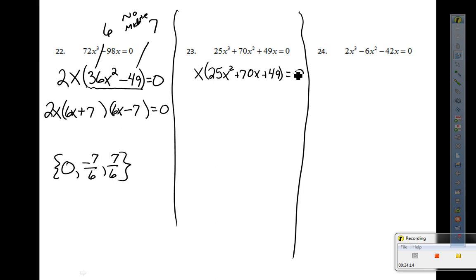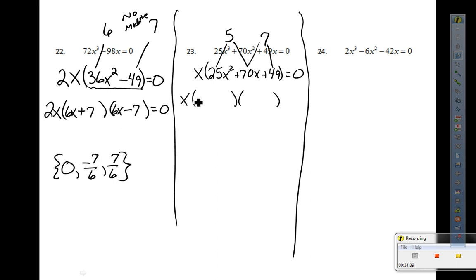Now we just got to figure out which of our 4 kinds of factoring this is. So here's what you got to look for. See if you know the square root of 25 and 49. You do. It's 5 and 7. Then ask yourself, is 5 times 7 doubled 70? And it is. So that means this factors like this.